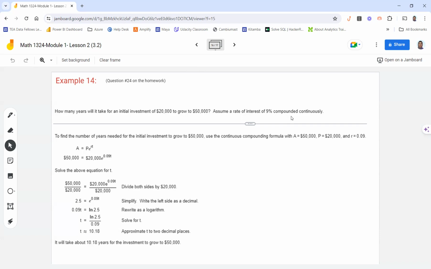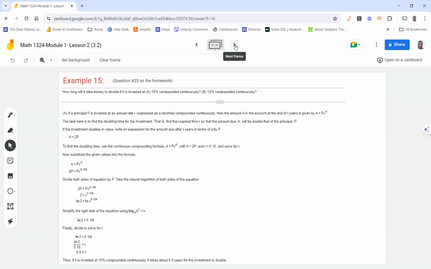As soon as I see the keywords compounded continuously, I know this is the formula I need to use. $50,000 is the A value, $20,000 is the P value, e is a special number, rate is 9%, as a decimal 0.09, and we just need to solve for t. Again, because t is an exponent, you have to go through logarithms, or you can just use some equation solver apps. It'll take about 10.18 years for this investment to grow to $50,000.